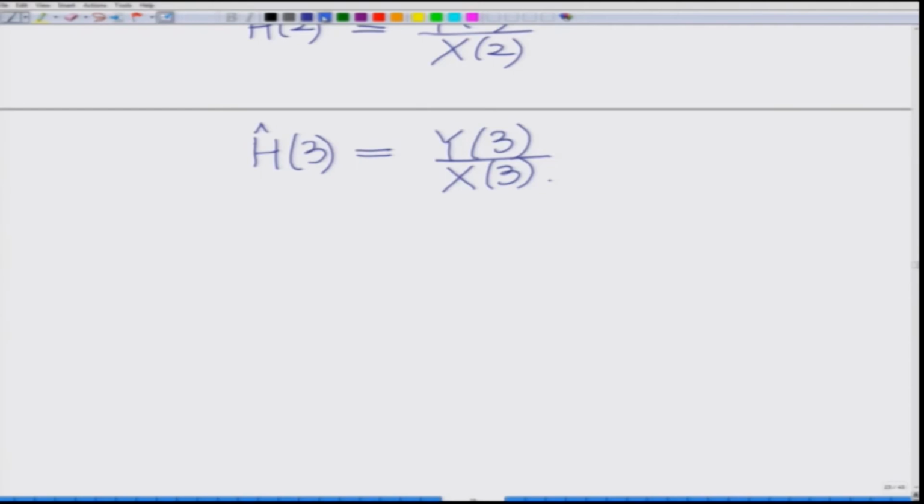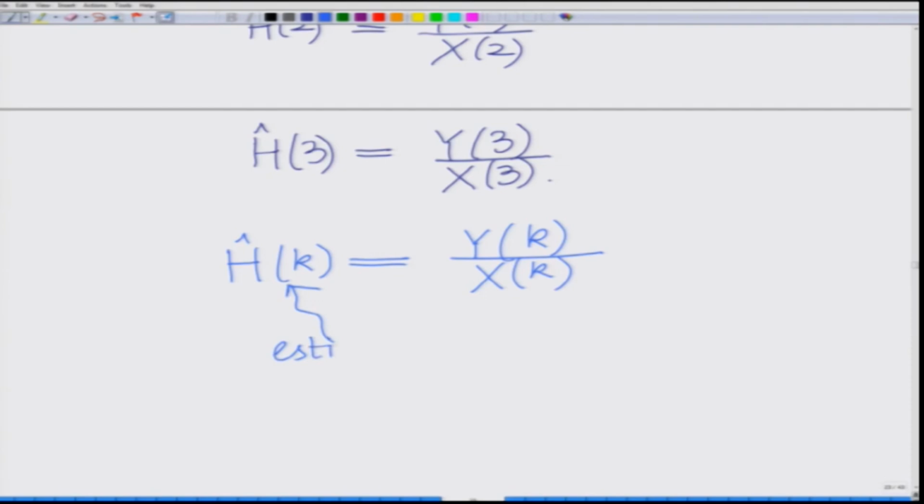So, summarizing this channel estimate, h hat k equals y k divided by x k. This is the estimate of the coefficient.